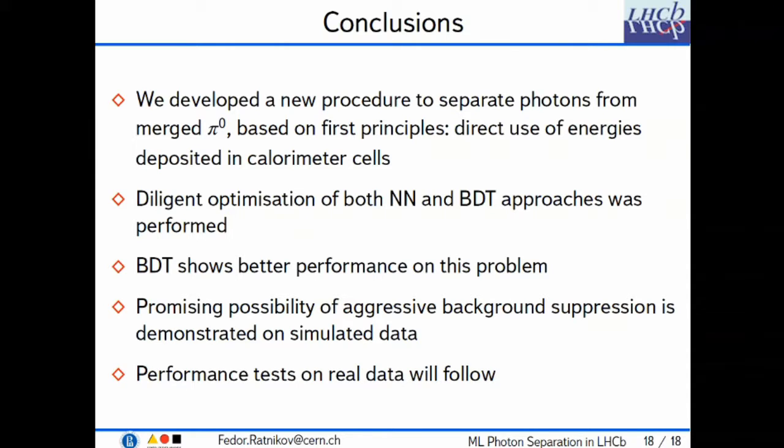We made optimization of both neural network and BDT approaches, and selected the best. BDT shows a better approach, but it is specific to this problem, so we cannot make any generic statements. The result is promising, and we need to continue to get the performance test on real data.